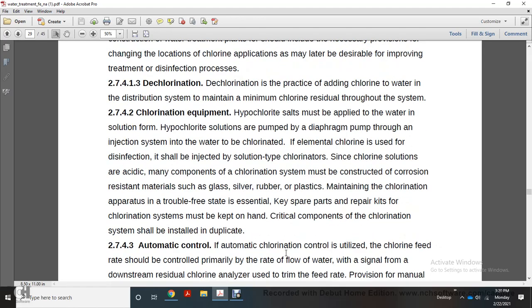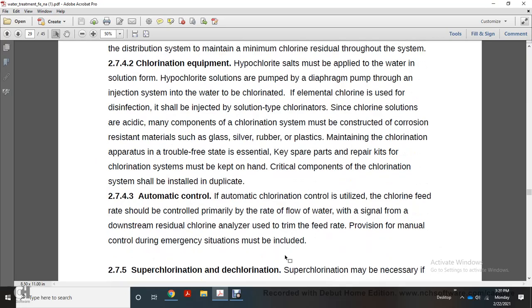Critical components of the chlorination system shall be installed in duplicate. With automatic chlorination control, the chlorine feed rate should be controlled primarily by the rate of flow of water, with a signal from a downstream residual chlorine analyzer used to trim the feed rate. Provision of manual control during an emergency situation must be included.